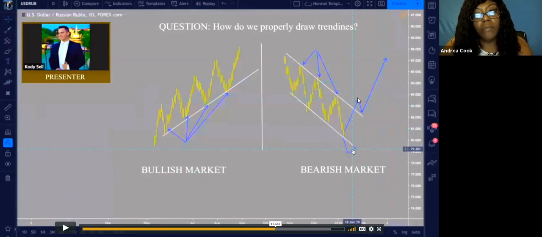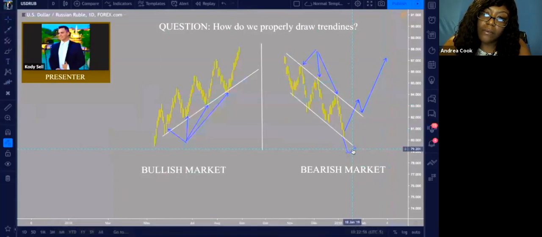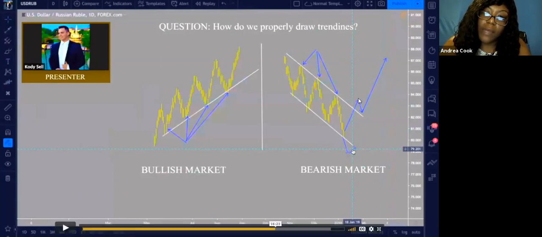Price would go up, break it, come down, retest it. This is where you would place your buy, and then you will ride it all the way up. Now remember, it moves in waves, right? So this is just the first wave. Then you'll ride a retracement, and then you'll ride price up again.